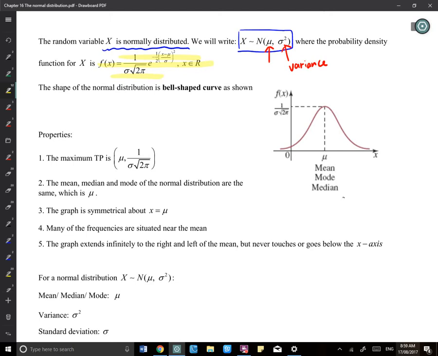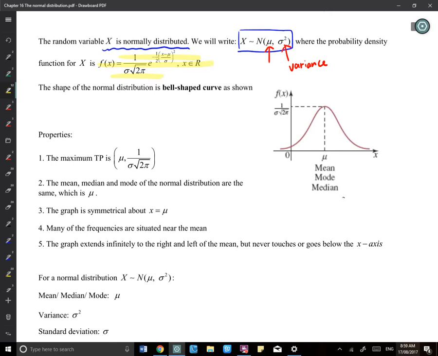The whole area under the curve is 1. So that's the function. You better remember this function, because when you do the transformation questions, it will be much easier if you remember that.